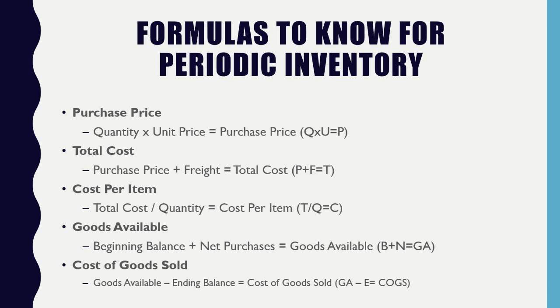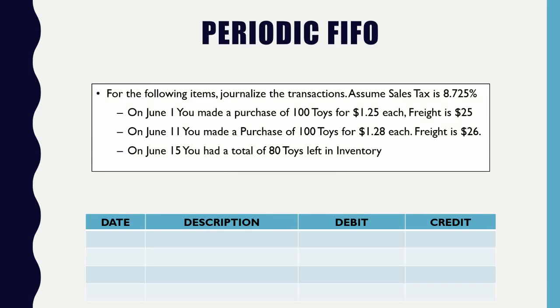Okay. Now, a key factor you need to know is that when we take a look at our example, since we're using the periodic method, our key notion is that we will always find out what the ending inventory is, because someone has to physically go down to the basement and take a physical count of inventory.